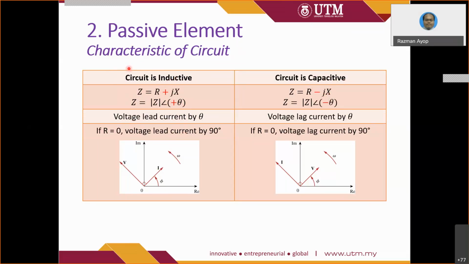So automatically you need to know that voltage will lead current by a certain angle, and you have to calculate the angle. Voltage lagging current means that the voltage is at the back. If R equals 0, it follows this rule, 90 degrees. Same as the capacitor. This one is if R is not equal to 0.